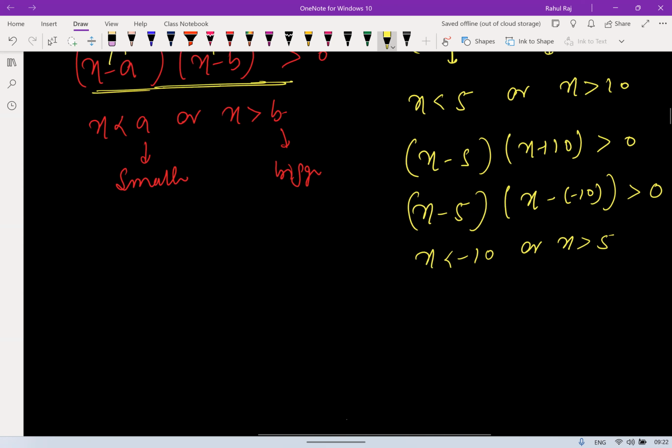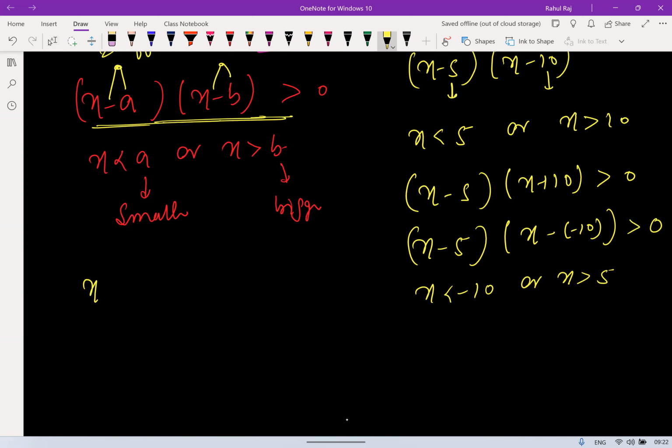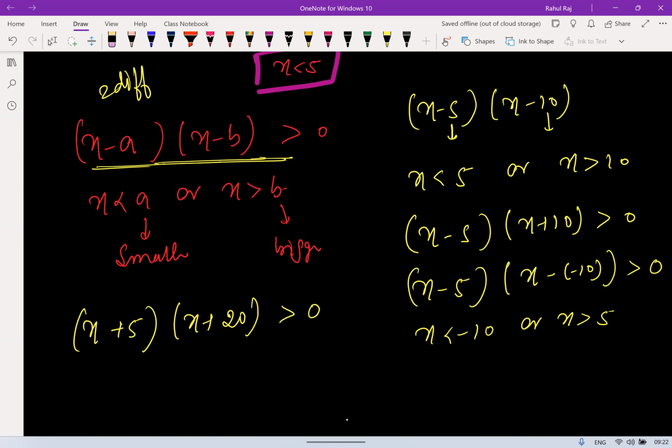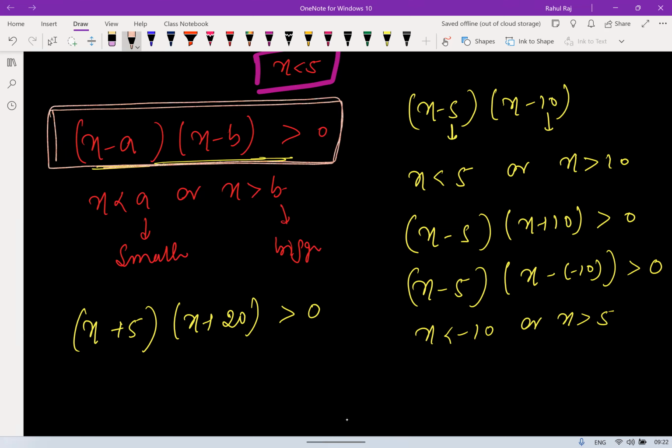So imagine if I give you the equation (x plus 5) into (x plus 20) greater than 0. Your first job is to convert everything in the form of this structure. Everything has to be in the negative form. There's no separate formula if it's already positive. It should be converted into this form always.